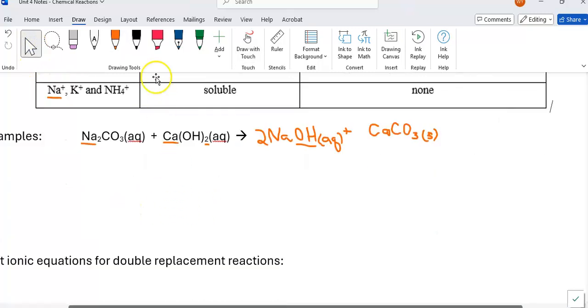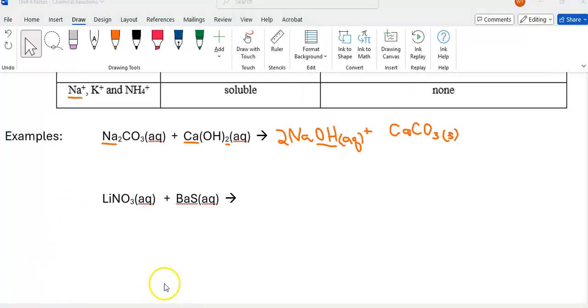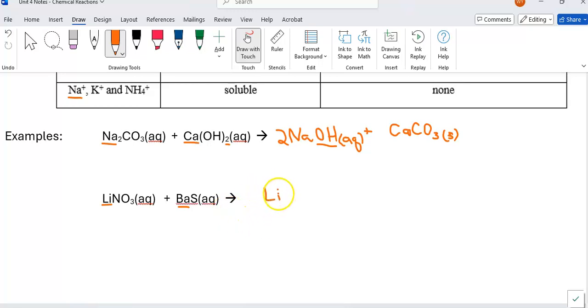Let's try another one. Okay, let's try lithium nitrate and barium sulfide. All right, so let's think about what's going to trade places here. Lithium is going to trade places with barium, and so our potential products would be lithium now paired with sulfide.